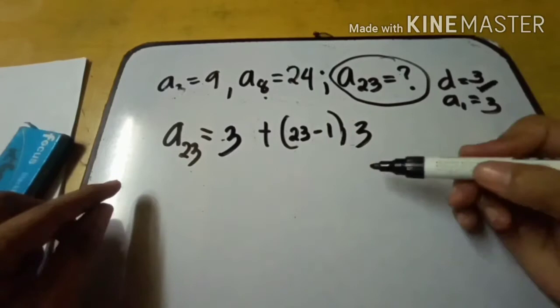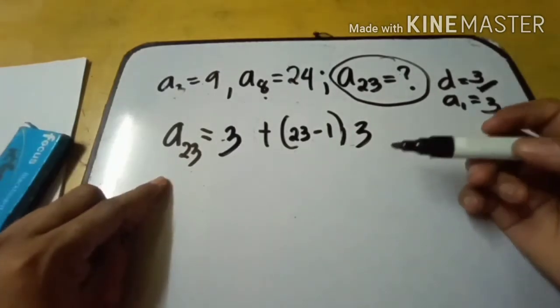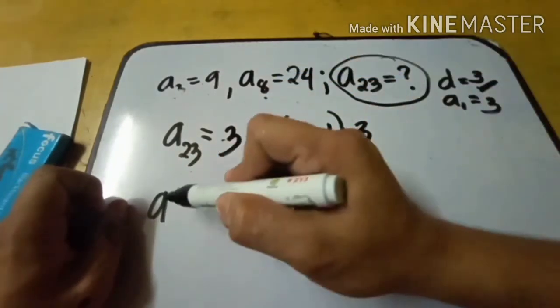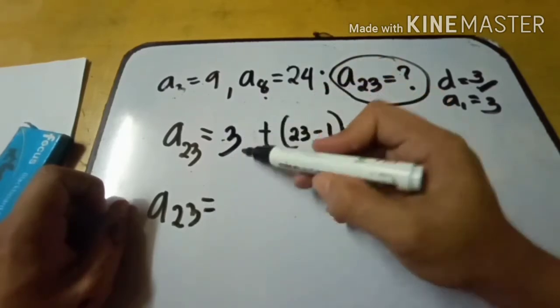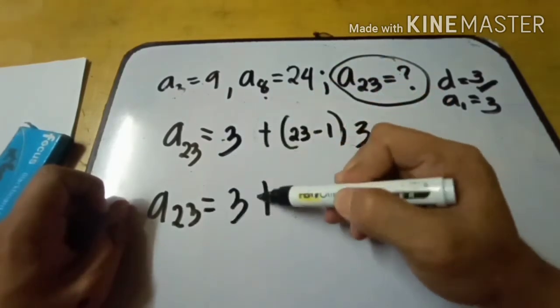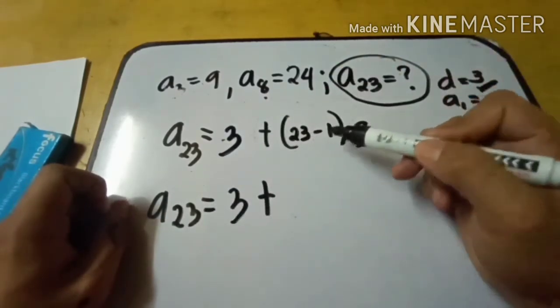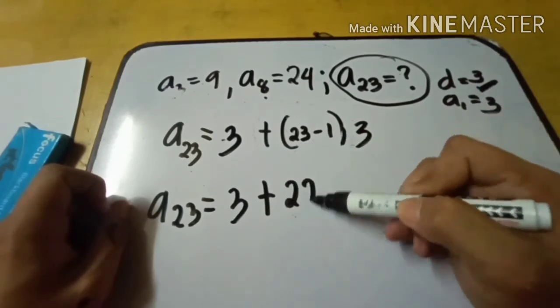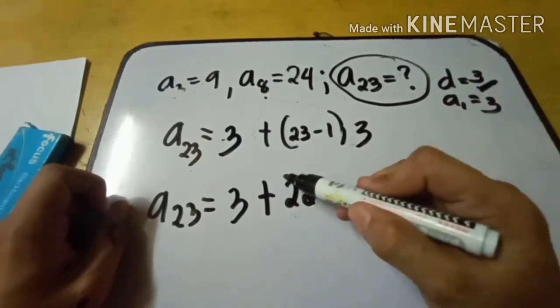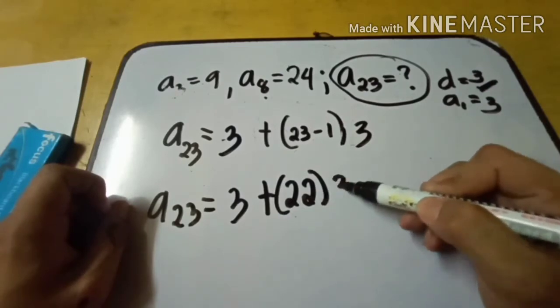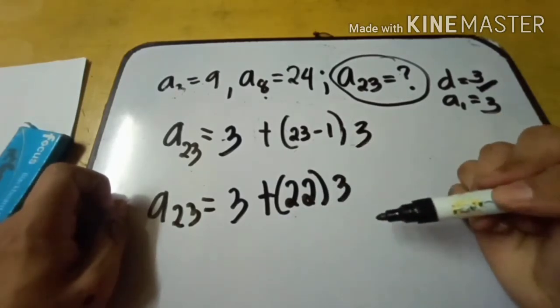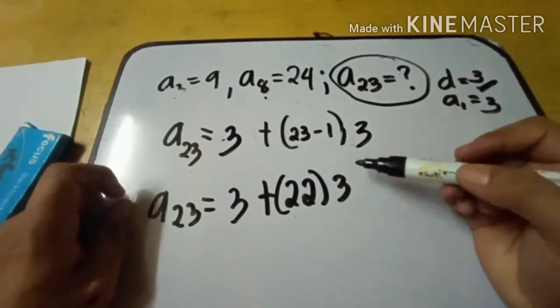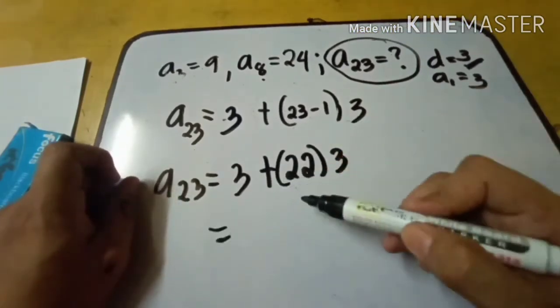Then we simply evaluate in order to find now the value of the 23rd term. So we simply copy first this 3 plus, then 23 minus 1 will give us 22. Then we have to multiply this 22 by 3. So 22 by 3 will give us 66. Am I right? So we have here 66.